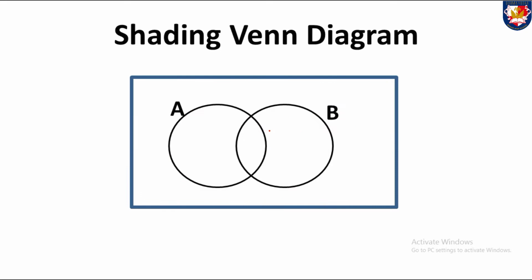Now, how about determining the region or the area of A union B? So here there is a set A. So you shade the region or the area of set A. That means inside of set A. Shade it all.